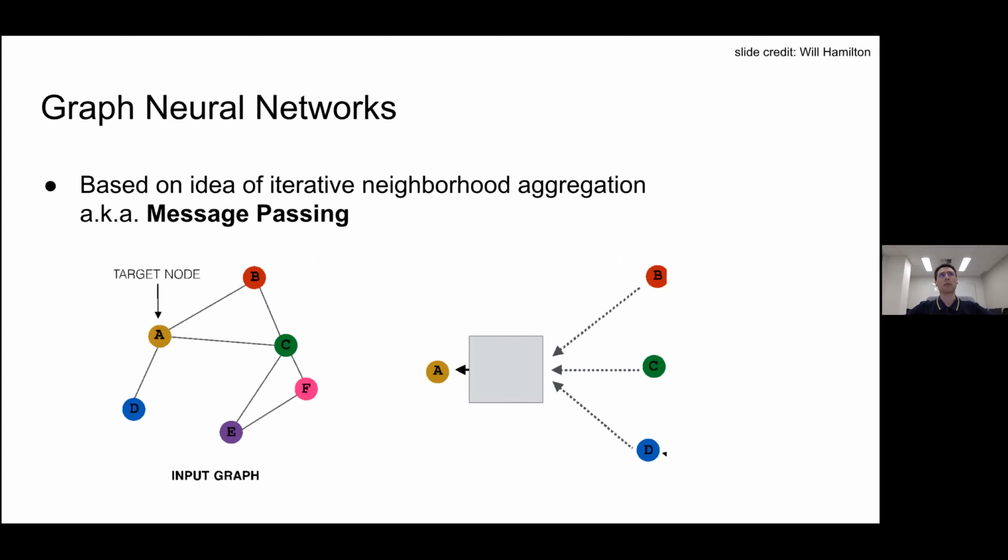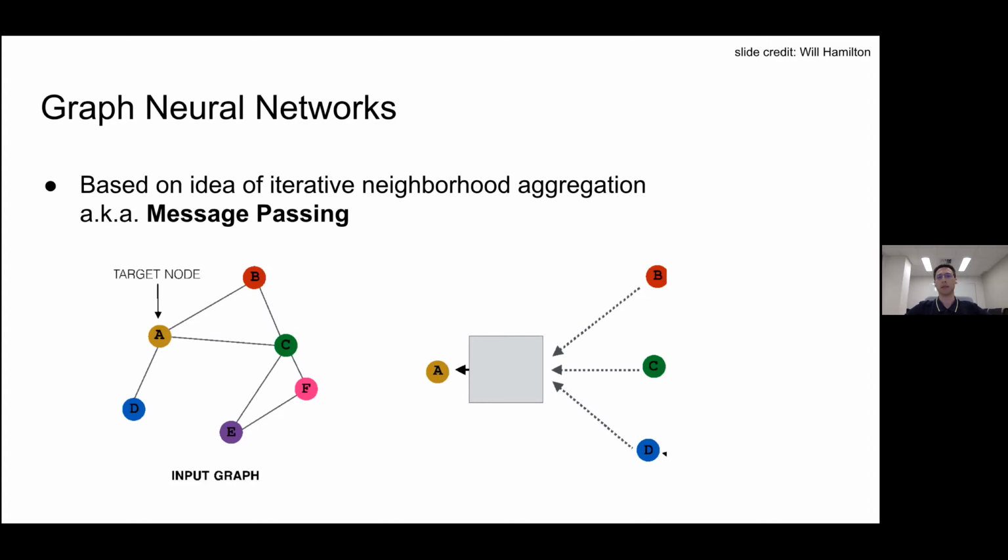So graph neural networks, there are many different types, but the most popular ones are based on iterative neighborhood aggregation, also called neural message passing, where a representation of a node is being iteratively updated by processing messages from its neighbors.